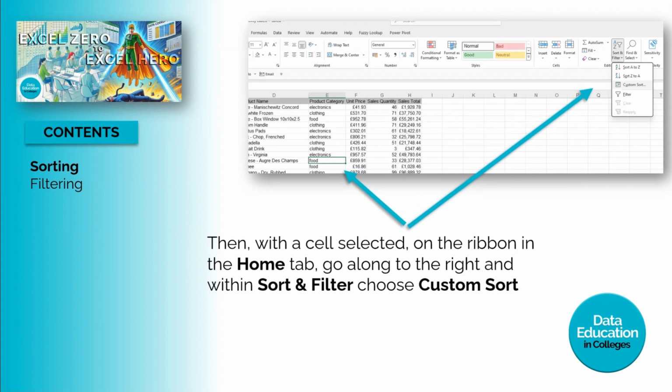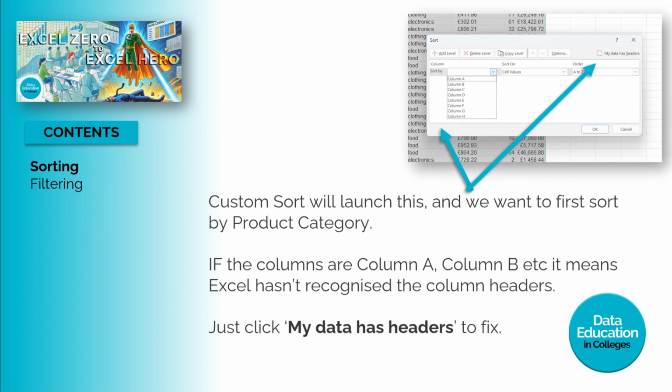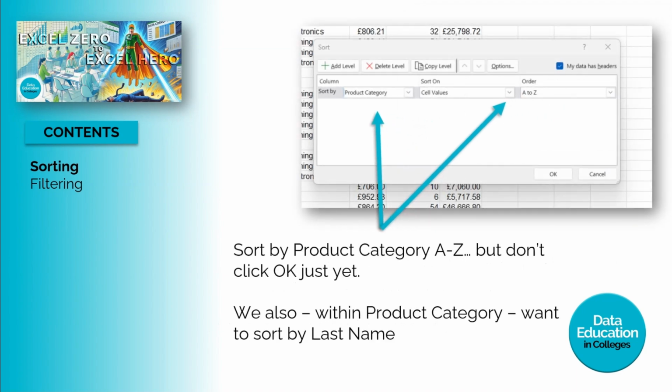Then on the Home tab, within Sort and Filter, launch Custom Sort. And this little pop-up will come up. We want to sort by product category, and by default this is usually on, but just in case, if it says columns A, B, it means it's not recognised the headers. Just click My Data Has Headers to fix.